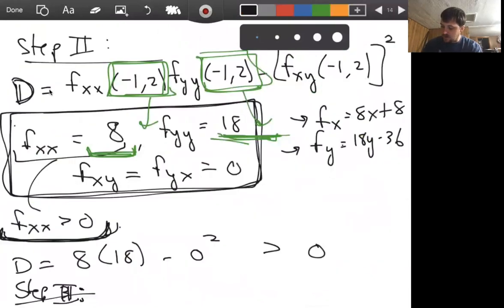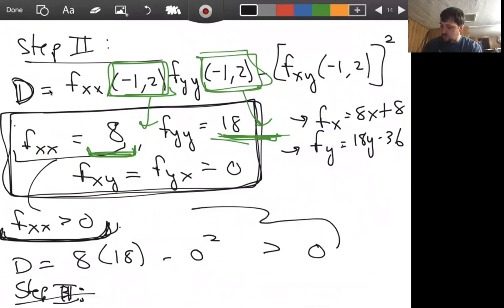So step 3: these two here imply that the point -1, 2 is a local minimum.